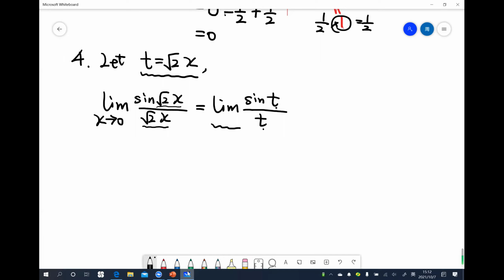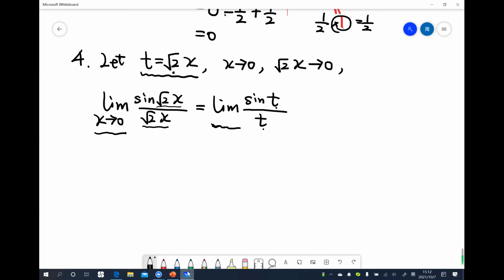So you cannot write x approaches 0 here. That is not correct. Then you can find, if x approaches 0, then because the square root of 2 is a constant, right? So the square root of 2 times x also approaches 0, right?